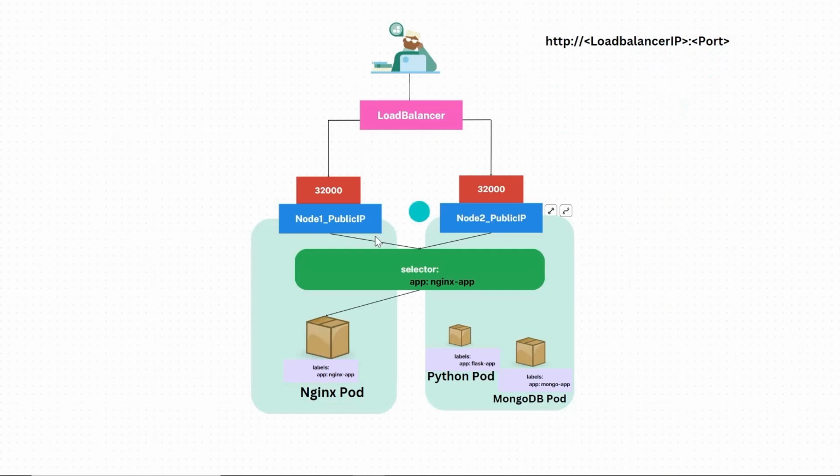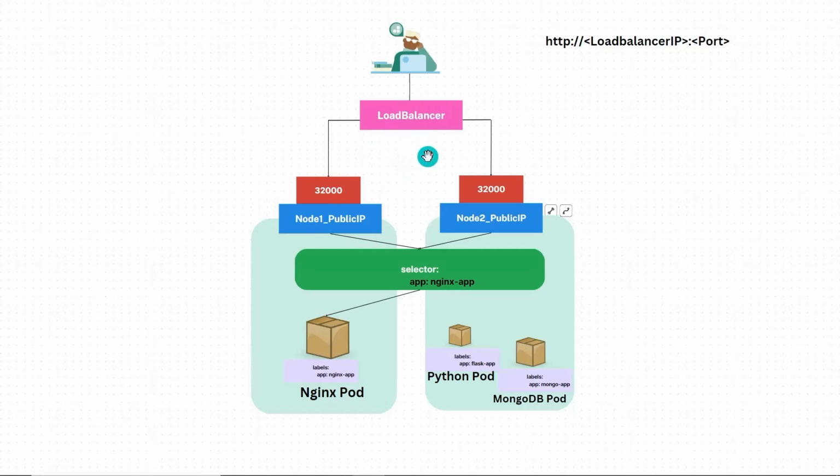So here, if you observe, we are not exposing any of the IP addresses of the nodes to the consumers or the other teams to access the application. We are directly exposing the load balancer IP. And one more thing is we are specifying our custom port in the manifest file, so we are not using a 5-digit port for accessing the application.